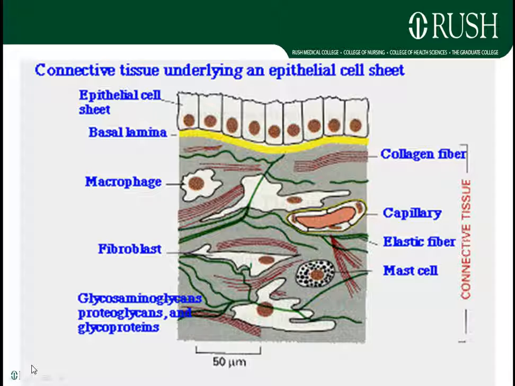You can see that at the top of the diagram you can see the epithelial sheet, which is resting on a basal lamina, as we discussed. And then underneath that is that connective tissue. There are scattered various types of cells that live there, and we will discuss each one of those, as well as all the matrix components, which can be divided into fibrillar and non-fibrillar components.